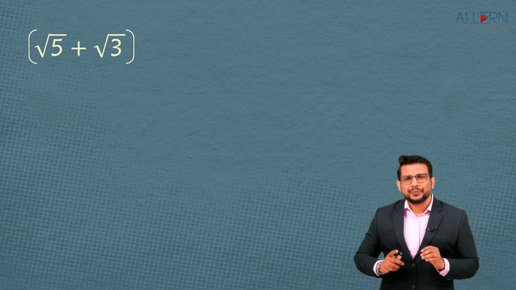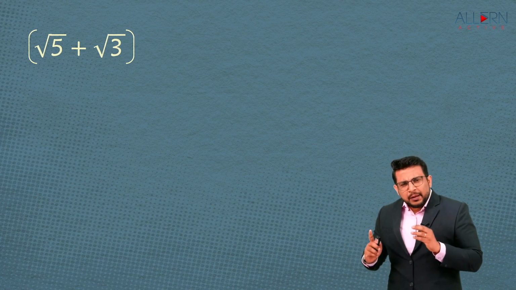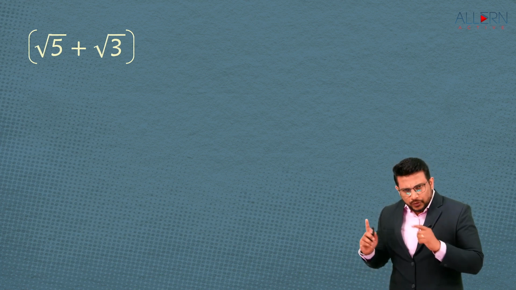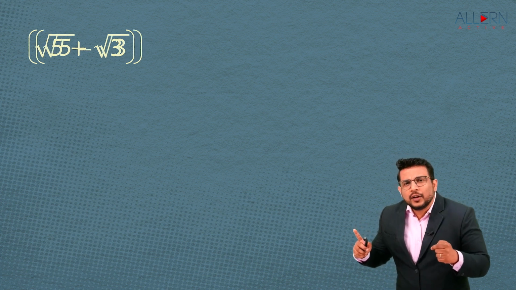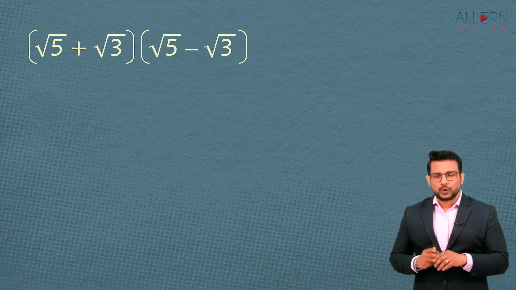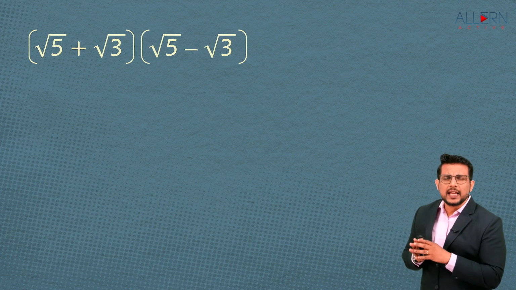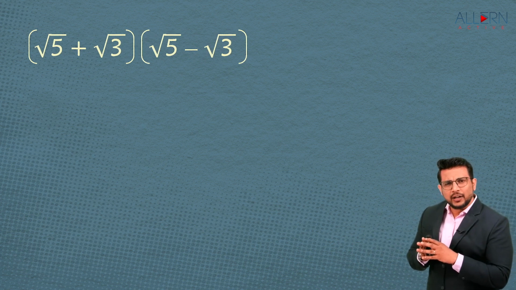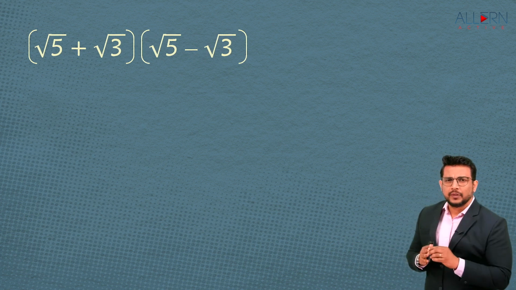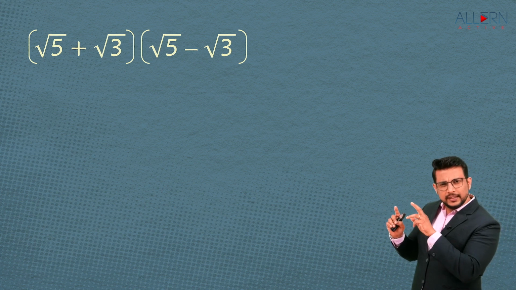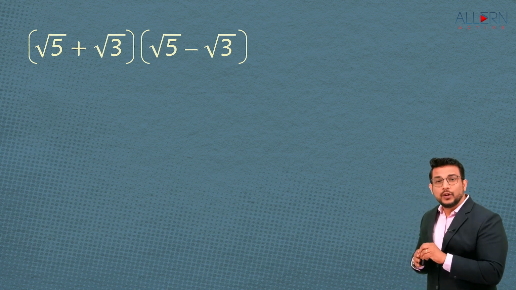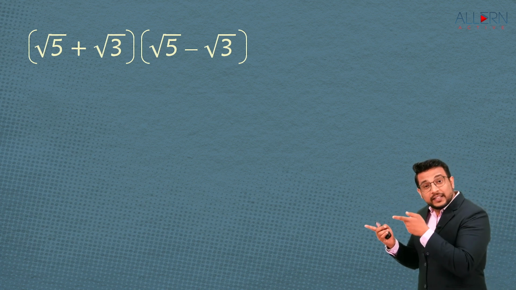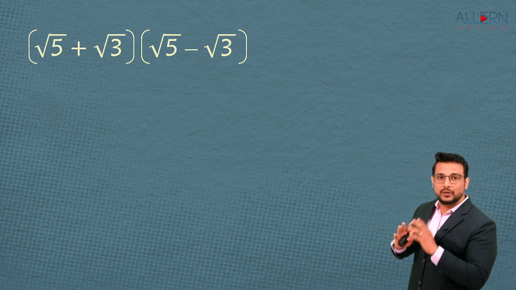Let's check. Let's do one thing. Root 5 plus root 3, let me multiply this with root 5 minus root 3. So what I've done right now is, you can see I've changed the sign of one term. Root 5, its sign is plus, I've kept it as it is. For root 3, the sign was plus, I've taken it as minus root 3.